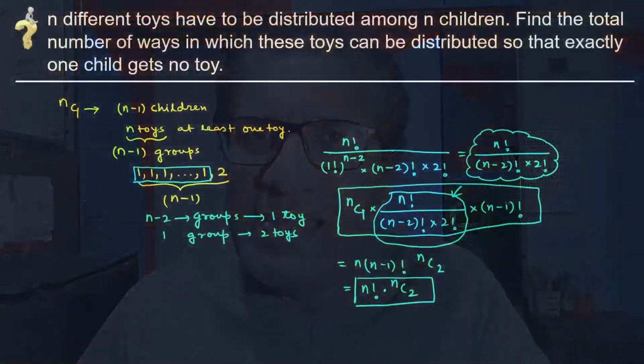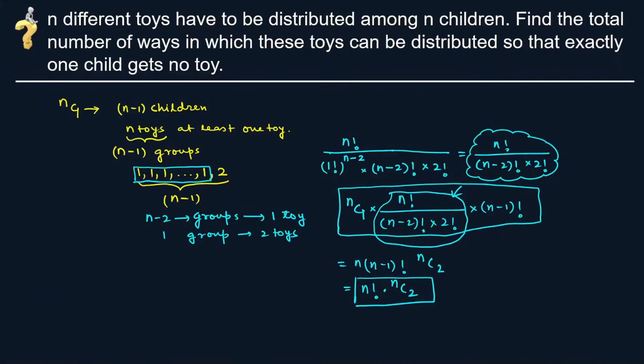Is it clear? So now we have distributed n toys into n-1 groups, in which every group will have at least one toy, and that can be done in factorial n divided by n-2 factorial into factorial 2. Now why have I divided by factorial n-2? It's because there are n-2 groups in which each group contains one toy.